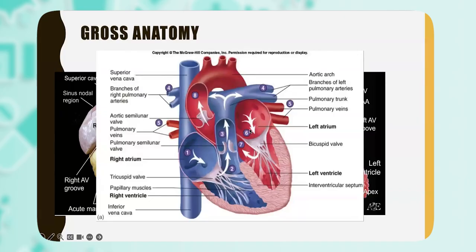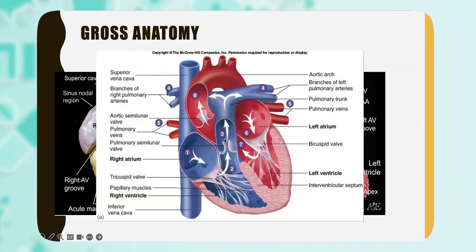I will be skipping the normal movement of the blood through the heart. I hope everybody knows it. Blood comes from the two systemic veins, SVC and IVC, and drains into the right atrium, which again drains the blood into the right ventricle. In between, we have the tricuspid valve, which has three cusps and lots of chordae tendineae, which attach to the papillary muscles in the wall of the right ventricle.